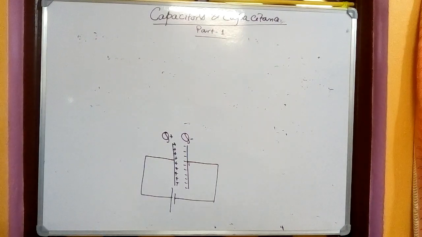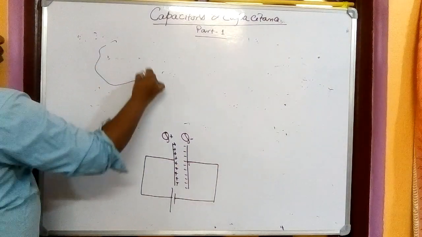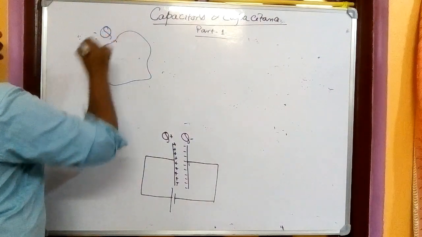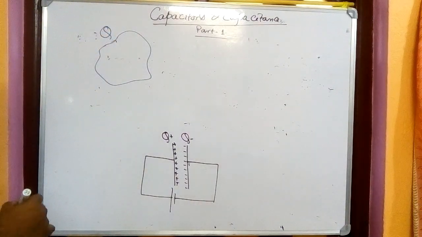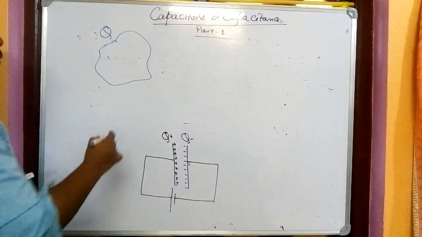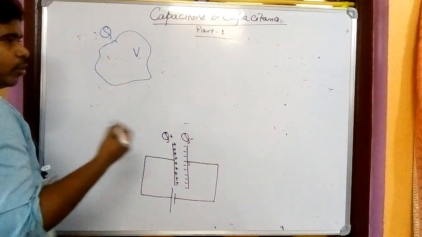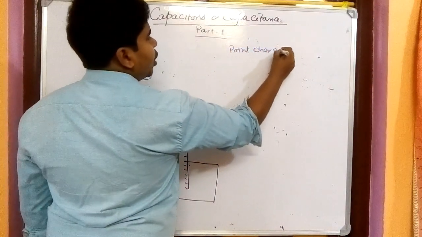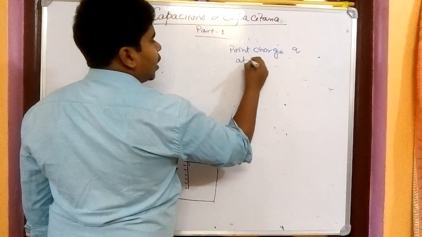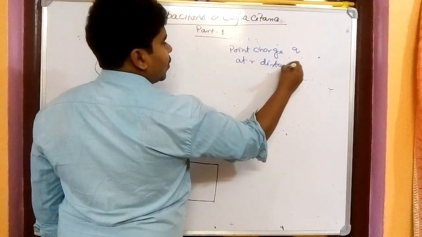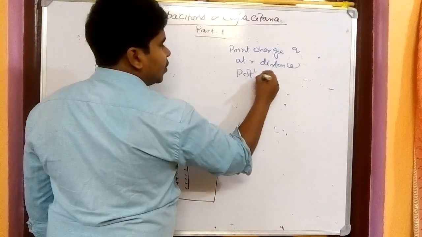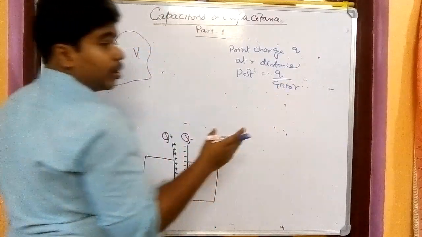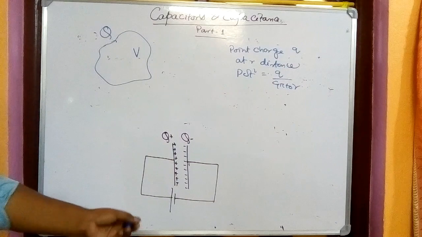So if I'm talking about an arbitrary conductor, assume some amount of charge Q is here, and due to the charge a potential is created. We have just learned that for a point charge Q, at r distance, the potential equals Q by 4 pi epsilon naught r, where epsilon naught is the permittivity of free space.